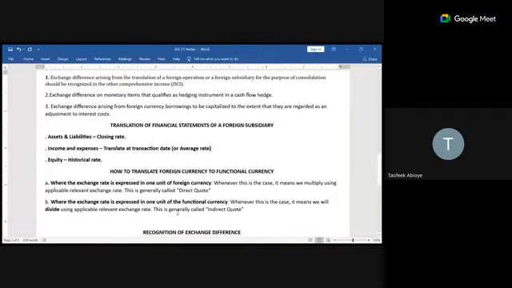Okay, how to translate foreign currency to functional currency. This is very, very important too. Please let's take note. How do we translate? Just like I said, I bought a machine for $100,000. I need to pay next month. Which currency do I have?